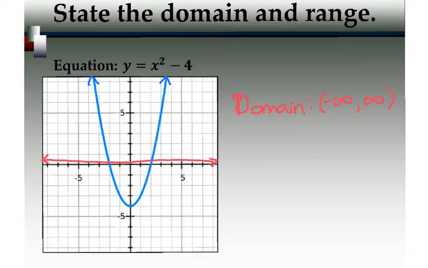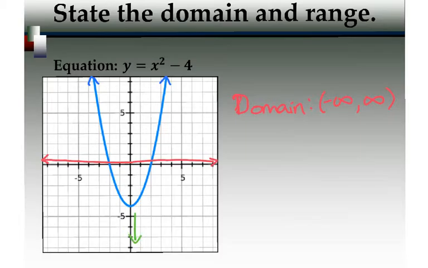Now, let's look at the range. Range, you always look at the y values, and you start from the bottom of your graph and go up. Just like for domain, you normally start from the left of your graph and you go right. So just like you read the English language from left to right, that's how you're going to look at your graph, reading your graph for the domain too, from left to right. And then, so this graph right here, there is nothing below this point.